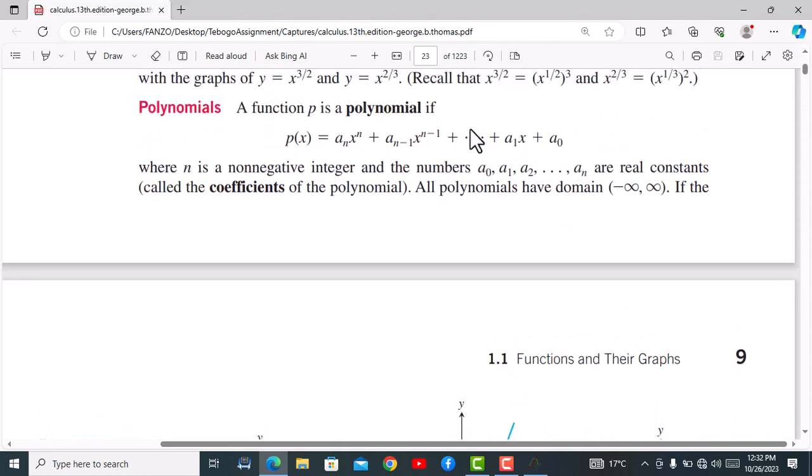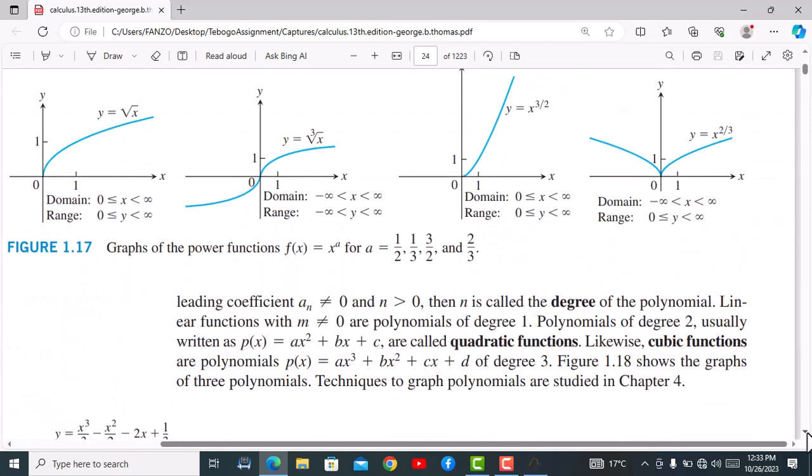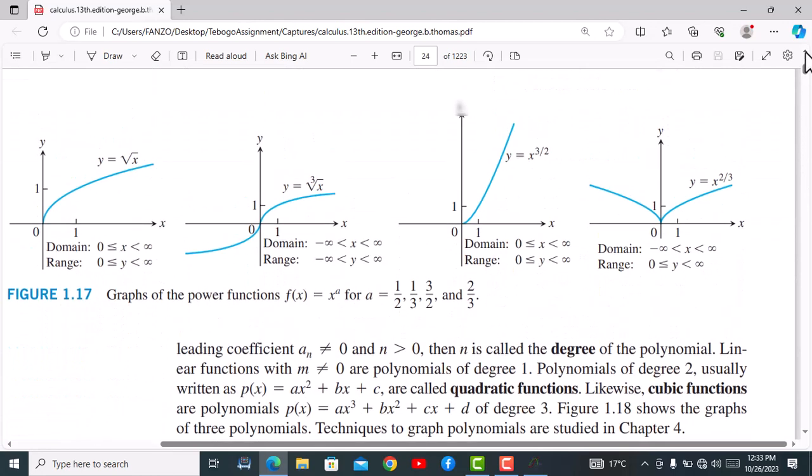And they say a function p is a polynomial if p at x equals a0 plus a1x up to an xn, where n is a non-negative integer and the numbers a0, a1, a2, an are real constants called the coefficients of the polynomial, and all polynomials have the domain negative infinity to positive infinity. All right, okay, that is fine.